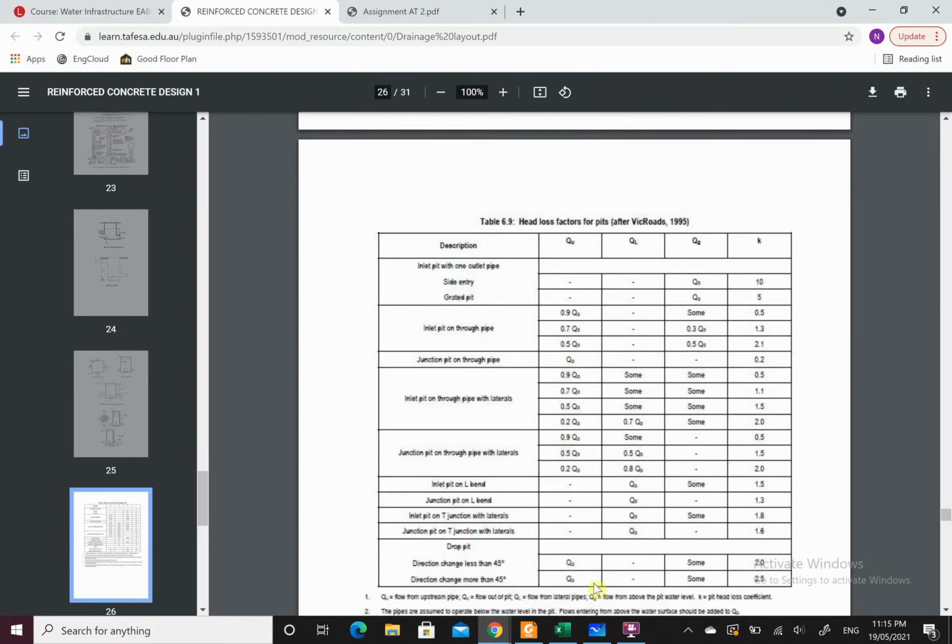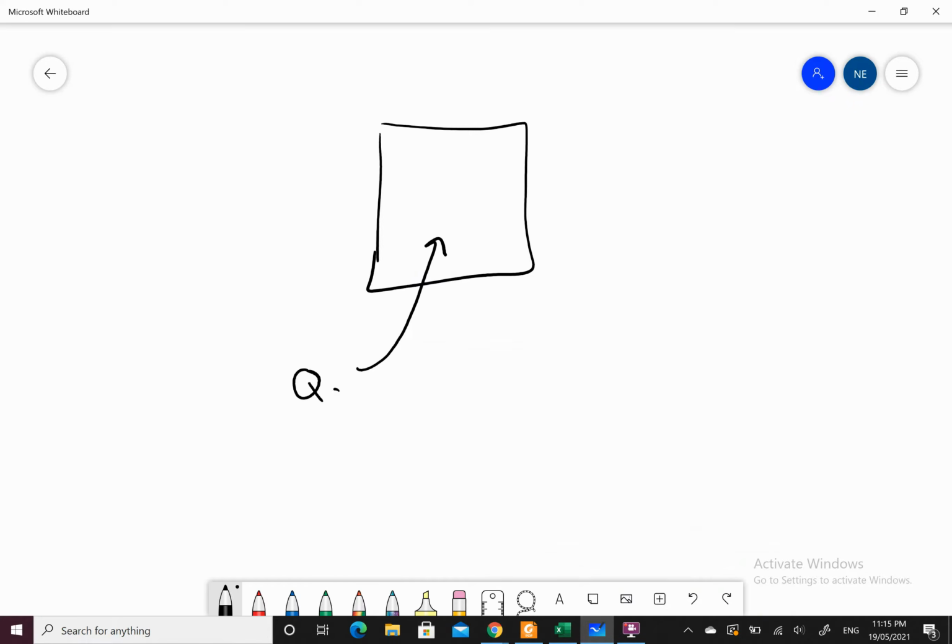Let's just run some numbers for now. If I have a pit like this, I've got QG, I have a pipe coming in, Q upstream, and my discharge Q0.